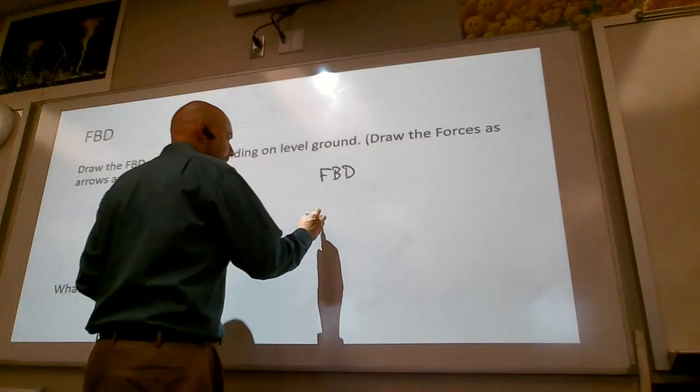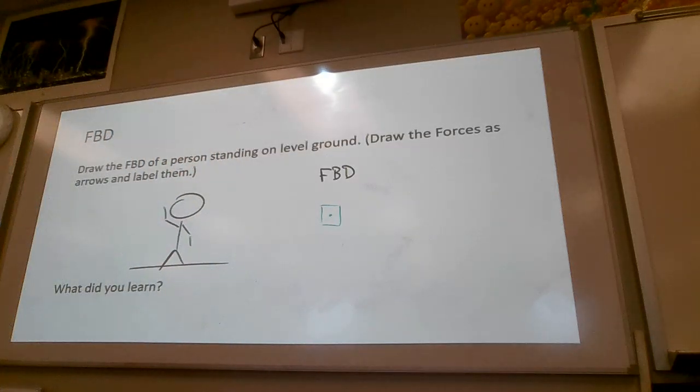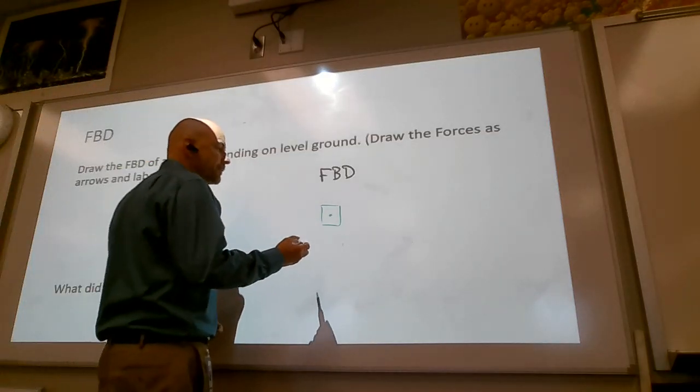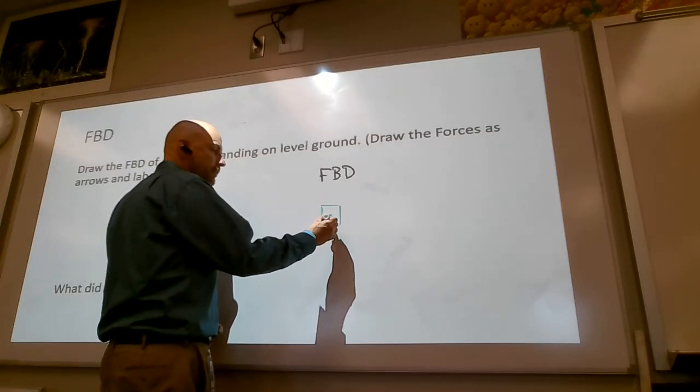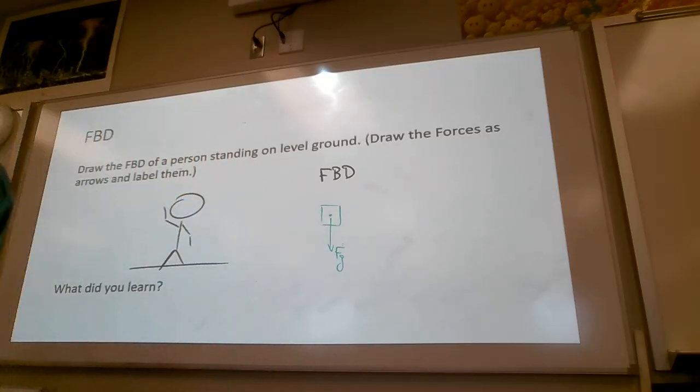So if I'm standing here, I want to do a free body diagram of me standing here at rest. I'm going to draw me as a box with a belly button. That belly button represents the center of mass. So what forces are acting on me? Gravity. We're on or near the surface of the earth, so gravity will always be a thing.